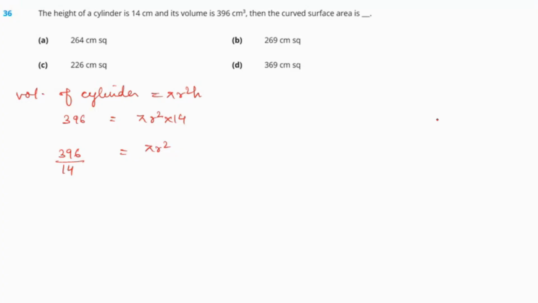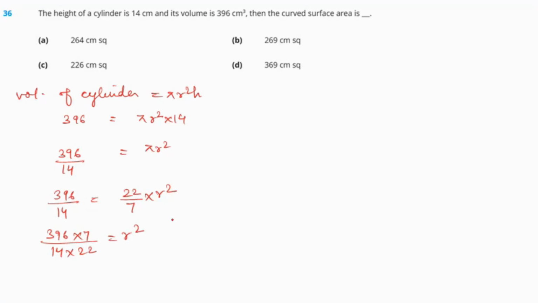So when we put the value of pi, we get 396 by 14 should equal 22 by 7 times r square. So 396 times 7 by 14 times 22 is equal to r square.